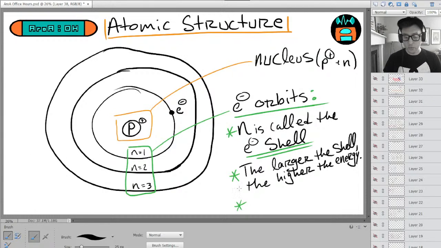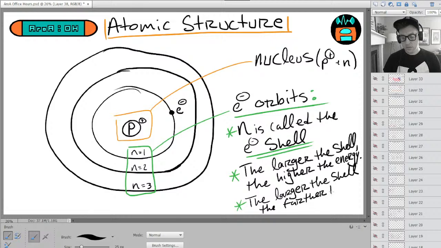The last thing I want to point out is the larger the shell, the farther the electron is from the nucleus.